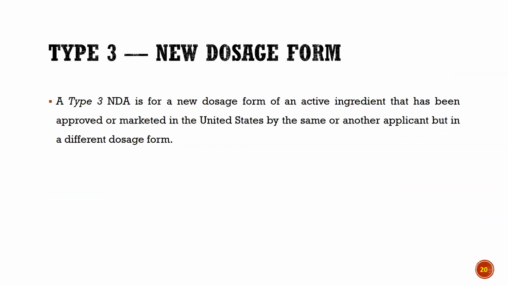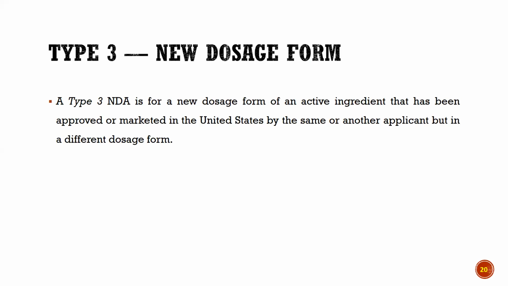Type 3 is a new dosage form. A type 3 NDA is for a new dosage form of an active ingredient that has been approved or marketed in the United States by another applicant, but in a different dosage form.